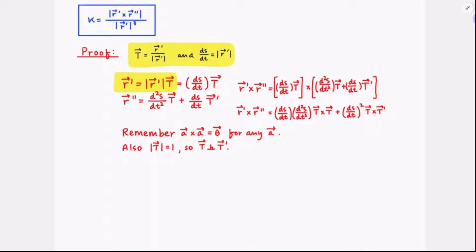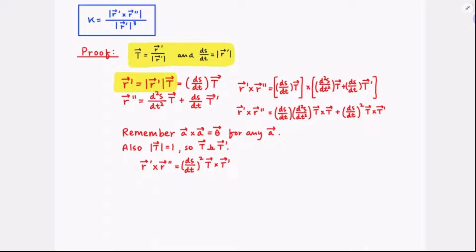So I'm going to go back to this cross product formula and apply the fact that a vector crossed with itself is the 0 vector. So that first term goes to 0 because T crossed with T is 0. Now I just have 2 powers of ds/dt along with the unit tangent vector crossed with its derivative.